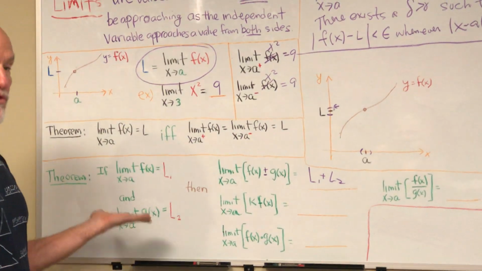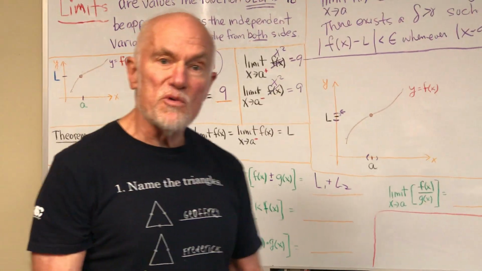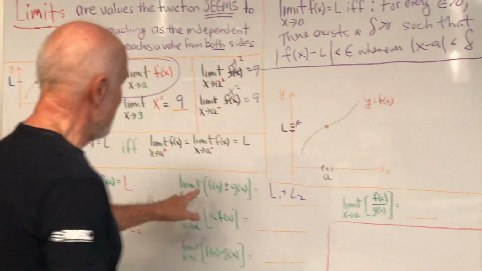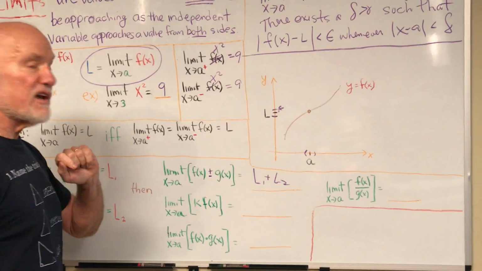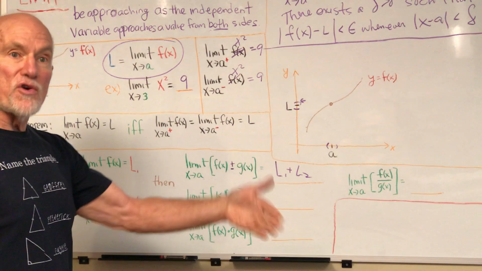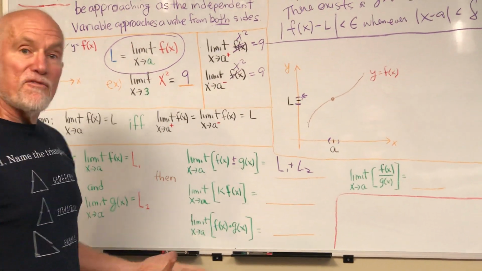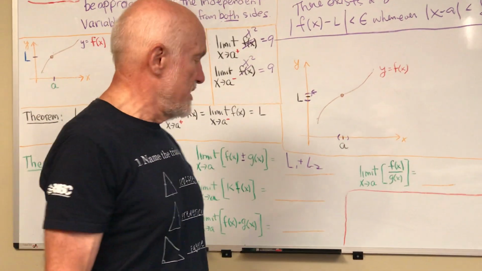So if the limit of the first one was 3 and the limit of the second one was 7, the limit of f of x plus g of x would be 3 plus 7, or 10. Kind of the way we would hope that it would turn out.